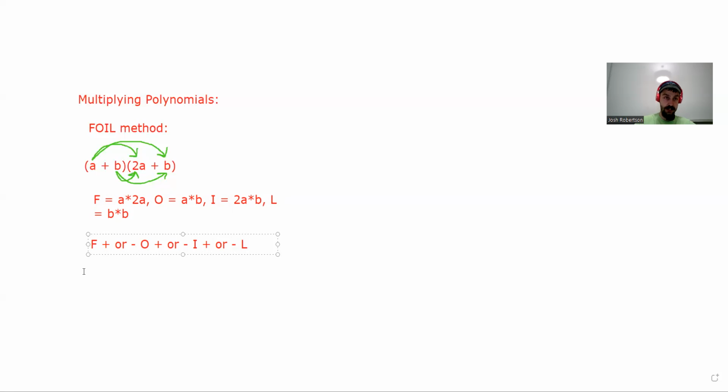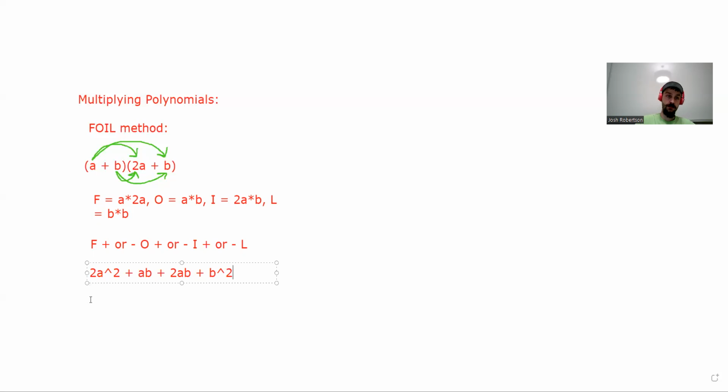So what do you got? A times 2a, and remember you add the exponents when you multiply, so you get 2a squared. A times b will give you plus ab. 2a times b will give you plus 2ab. And L will give you b times b, which is b to the 1 plus 1, or b squared, right?